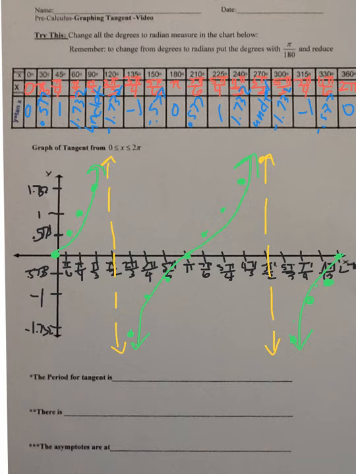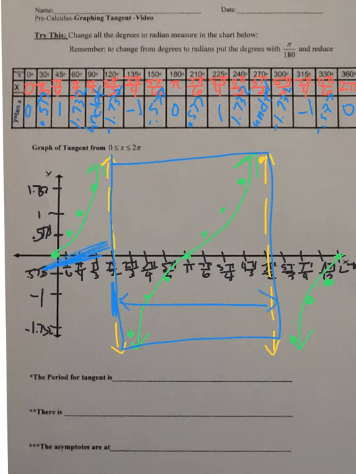All right, so for the period for tangent. So right here, right in here, this would be one complete tangent curve. So from pi over 2 to 3 pi over 2 is one complete tangent curve. The outside ones here and here, those are half of a tangent curve.